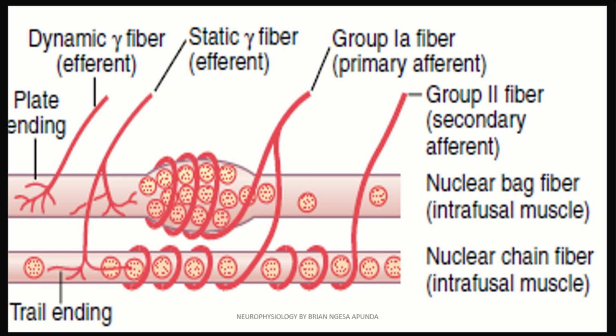So why are these important? This is important because if you go back into the gamma, we'll be having different types of gamma neurons. We suggested the lower motor neurons, we have two major types, the alpha and the gamma. While in the gamma we can have two types, the dynamic and the static.